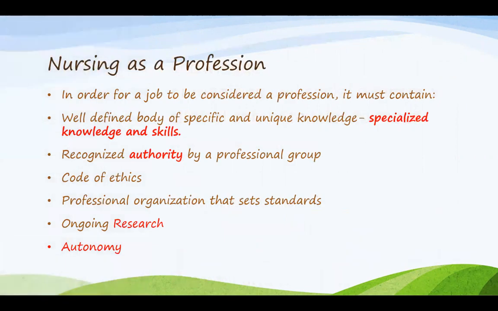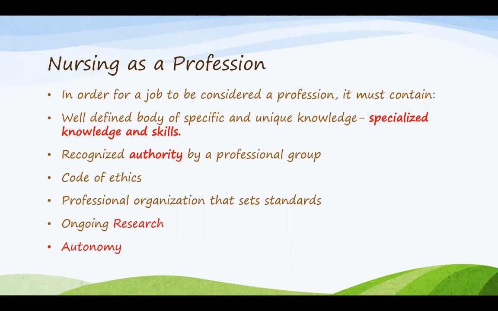In order for a job to be considered a profession, it must contain the following: a well-defined body of specific and unique knowledge. That means there's specialized knowledge and skills just for our profession of nursing. Just like an architect has special knowledge and skills that I don't know how to do, they don't know how to do my nursing skills.